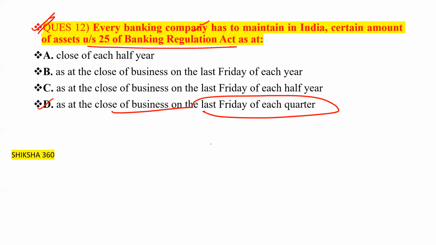So the correct answer is the close of business on the last Friday of each quarter, not of the year or the half year. They have to maintain it on a quarterly basis.